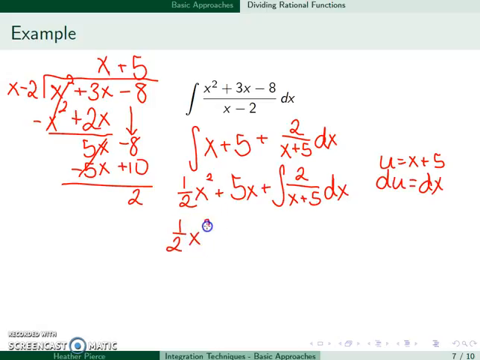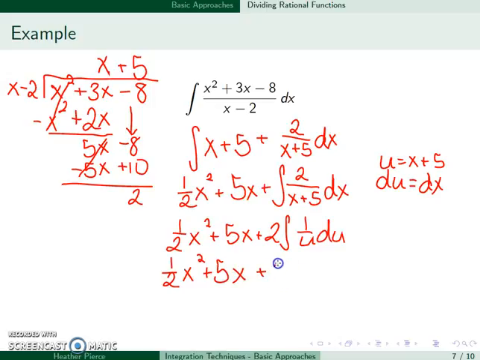This gives me 1/2 x squared plus 5x plus 2 times the integral of 1 over u du. So 1/2 x squared plus 5x plus 2 times ln of u, which was x minus 2, plus c.